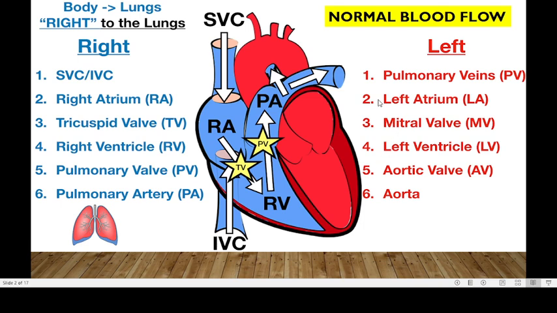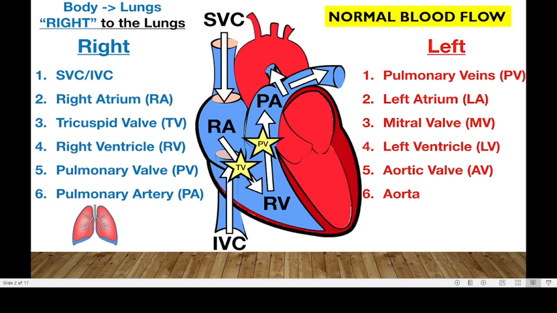At this point, this is oxygenated blood. From the left atrium, oxygenated blood flows through the mitral valve, or bicuspid valve, into the left ventricle.